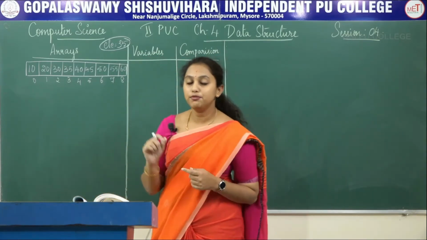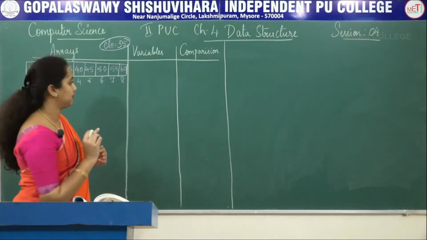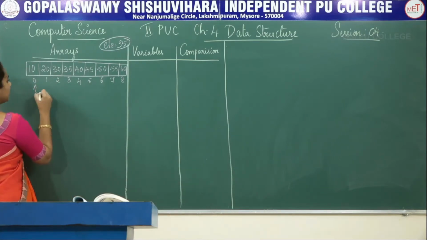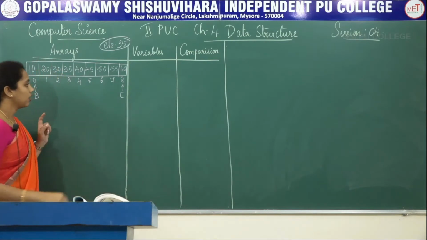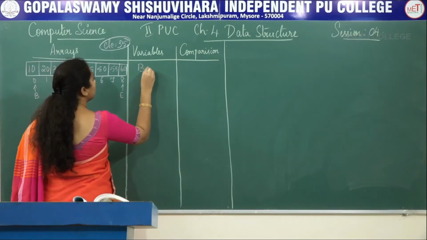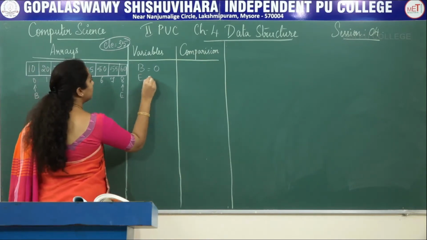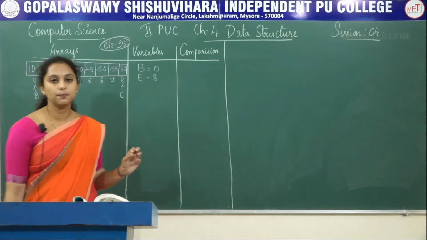In the next step, we have to mark down the beginning as well as the end. So here this is our beginning and this is our end. Beginning is equal to 0, end is equal to 8. How to find the middle term?